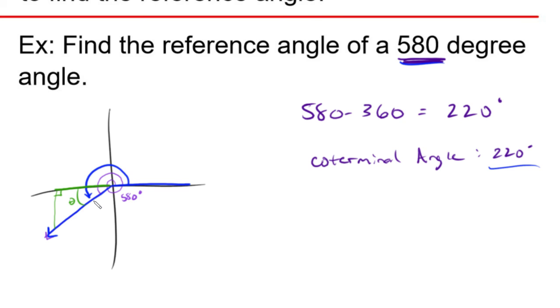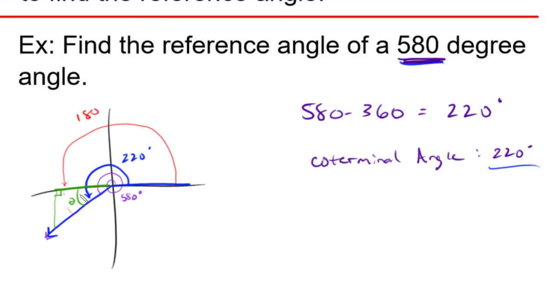So now we have to figure out what is theta. Well, if this blue angle is 220 degrees, and this red distance here, from here all the way to here, is 180 degrees, and we're interested in finding the remaining piece from here down to here.